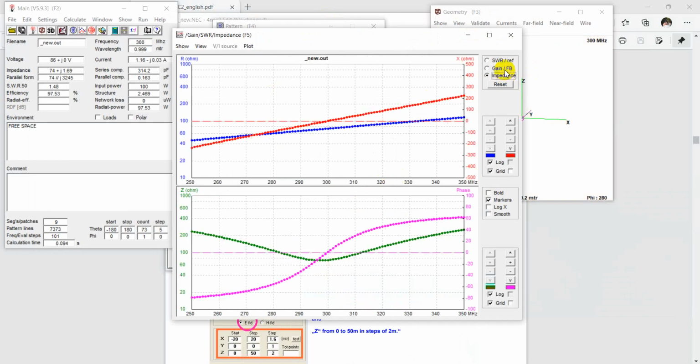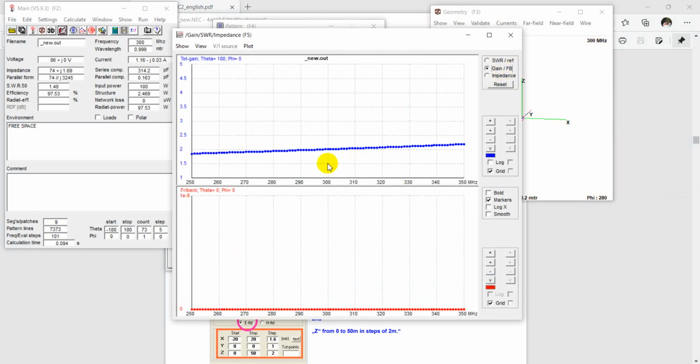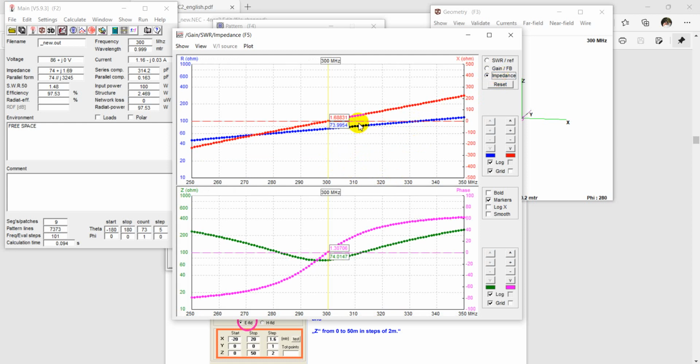You can see the radiation pattern and the gain, which is 2.01 at 300 megahertz, and the impedance, with the reactance of this design being 1.68831 and the resistance 73.9954.